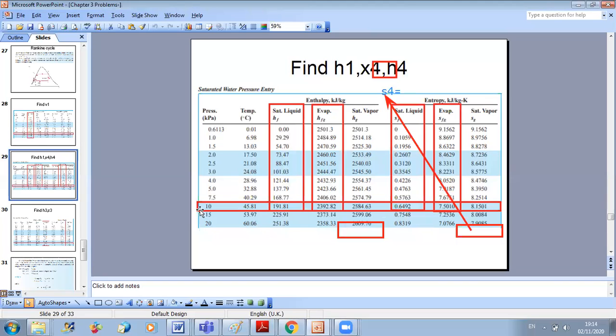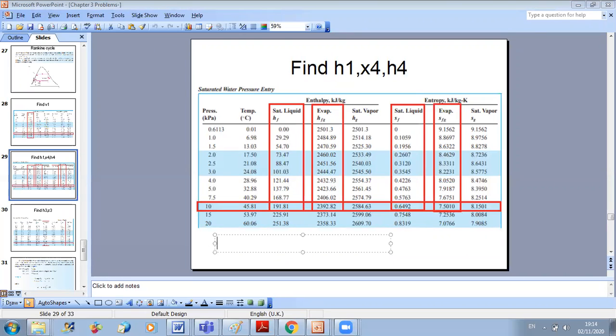And from this table now, I will be interested in which values? In values of SF and SFG. Why? Because I can write that S4, okay, S at point 4 is equal to S saturated liquid, which is notated as SF, of course at 10 kilopascal, okay, plus what? Plus the quality X4 times SFG, of course also SFG at 10 kilopascal.